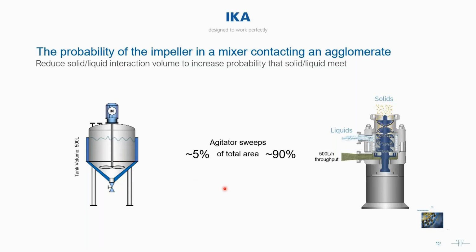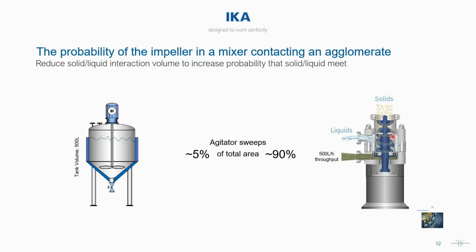Something that IKA does really well is that we take advantage of this heuristic by reducing that volume in which your solids and liquids are meeting. So you still have the same amount of mass flow going in, you still have your 500 liters, but it is an inline flow rather than a batch mix.